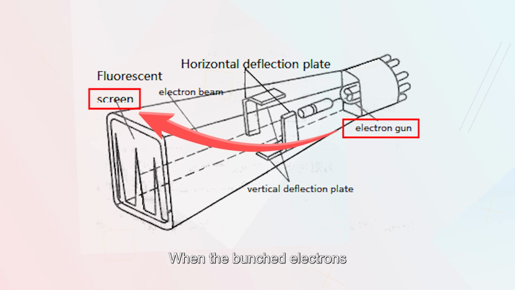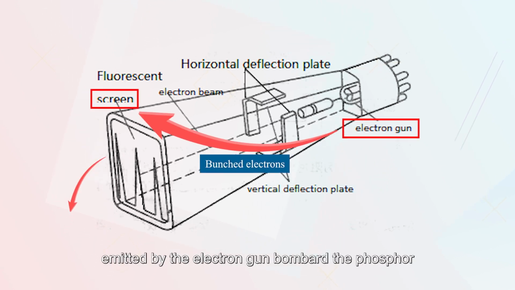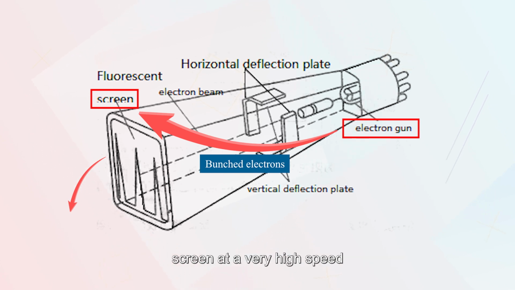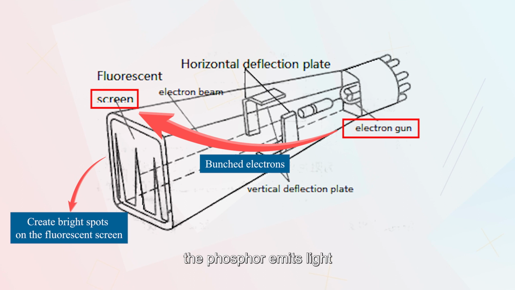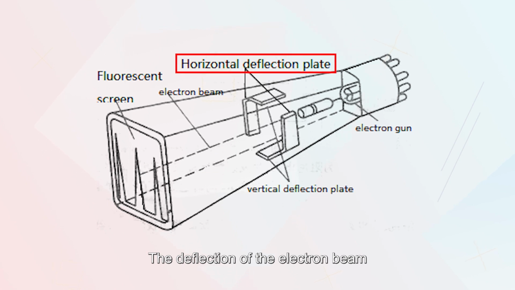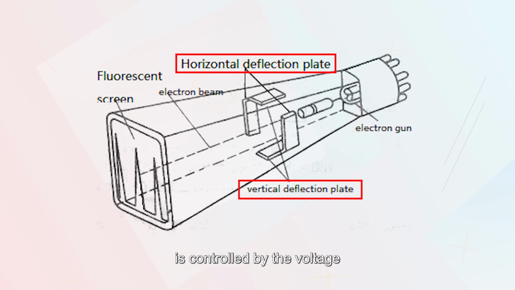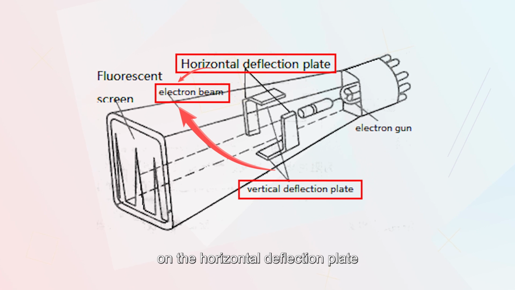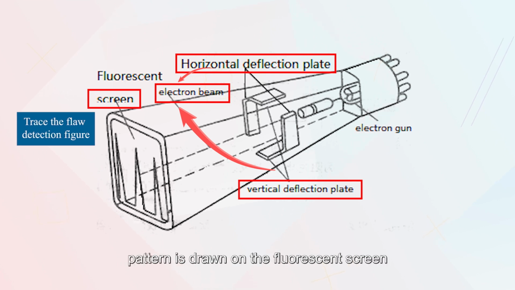When the bunched electrons emitted by the electron gun bombard the phosphor screen at a very high speed, the phosphor emits light and forms a bright spot on the screen. The deflection of the electron beam is controlled by the voltage on the horizontal deflection plate and the vertical deflection plate, so that the flaw detection pattern is drawn on the fluorescent screen.